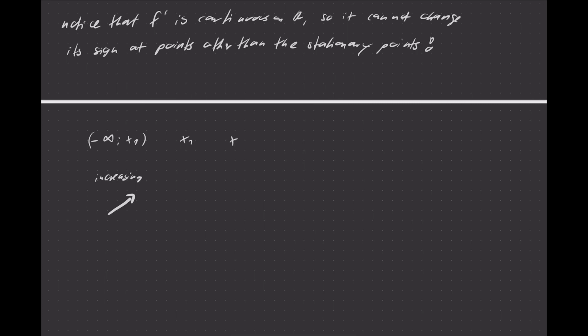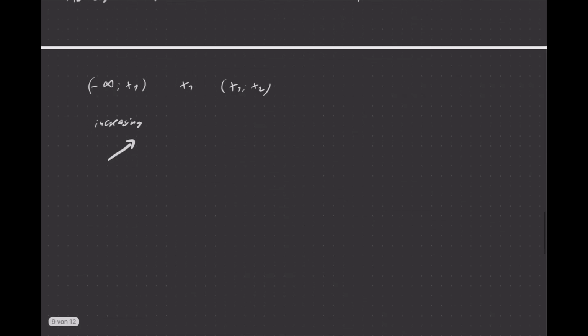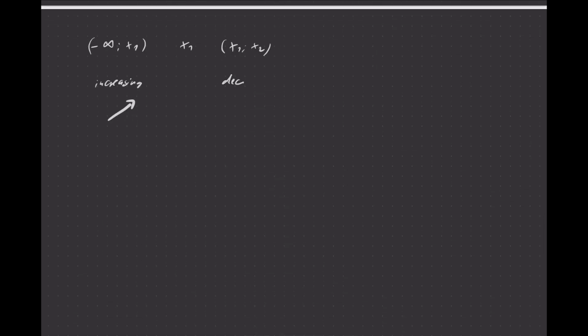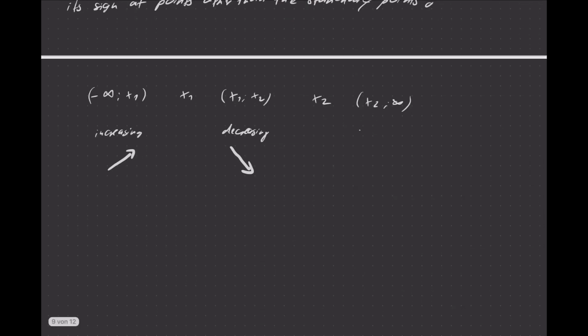Then we have the interval from x1 to x2, and in this interval the function is decreasing. So it behaves like this. Then we have the point x2, and then the interval from x2 to infinity, and we found out that the function is increasing in that interval. So it behaves like this.